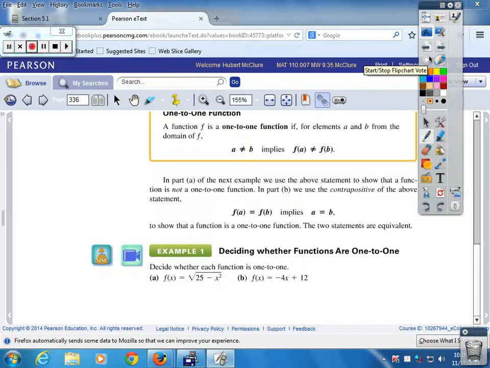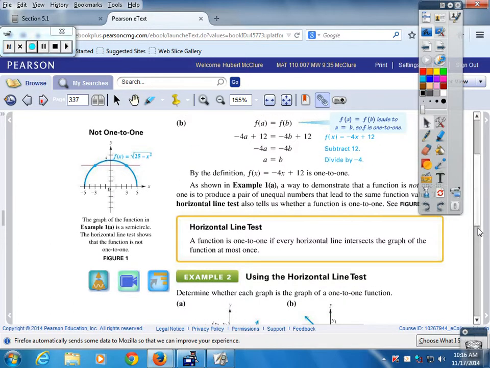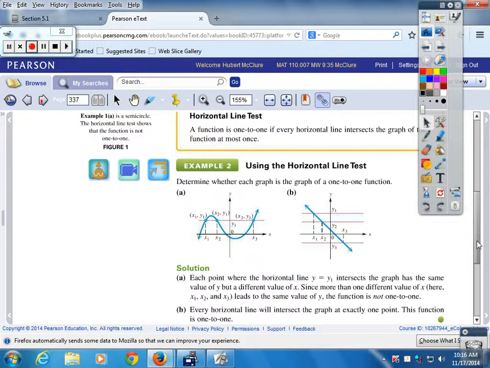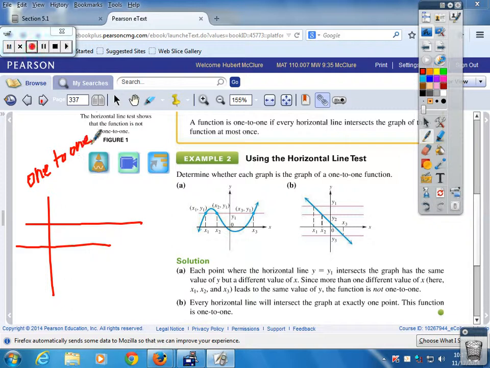Okay? Let's go to another. Still want to get to a curve. There's the horizontal line test, I'm sorry. Horizontal line test and vertical line test. Let me tell you what the difference is. The horizontal line test proves that it's a one-to-one. That means that anything that crosses one time is a one-to-one function.